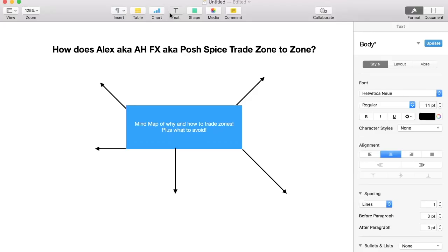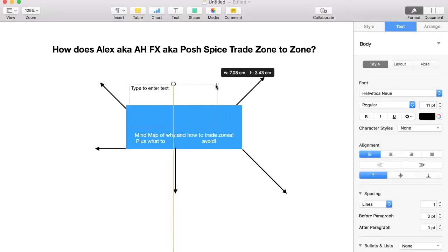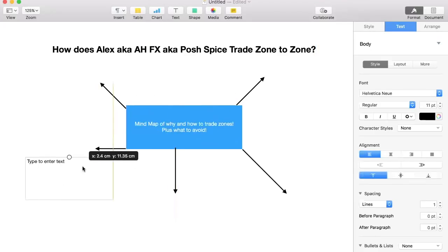Number one, what am I looking for first? The first thing I'm looking for when I'm trading zone to zone: I'm drawing my zones on the 1 hour time frame. You can use 4 hour as well.